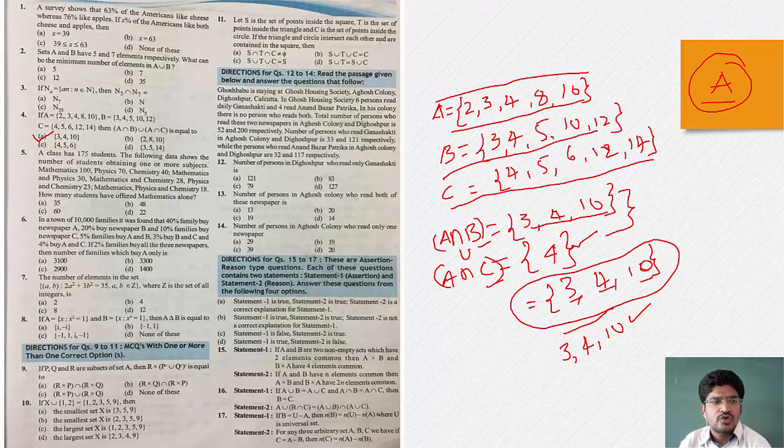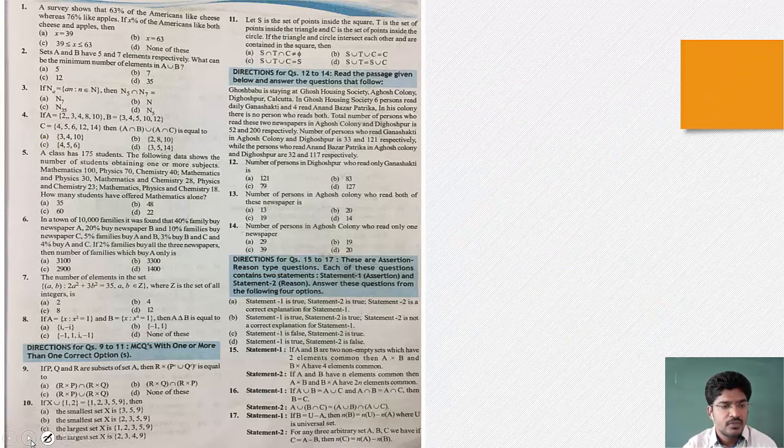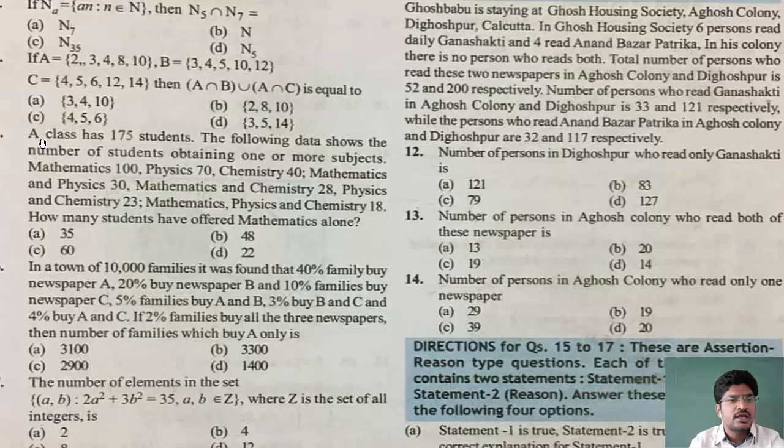Okay. So, now let us go to the next question, that is question number 5. In question number 5, what they are telling is, a class has 175 students. The following data shows the number of students obtaining one or more subjects.